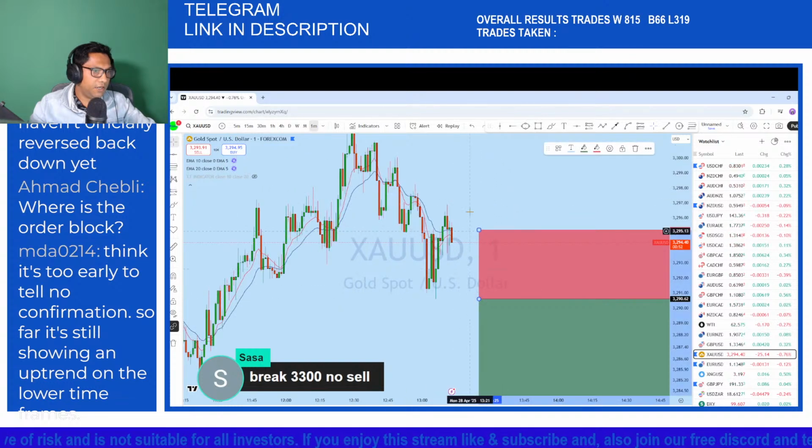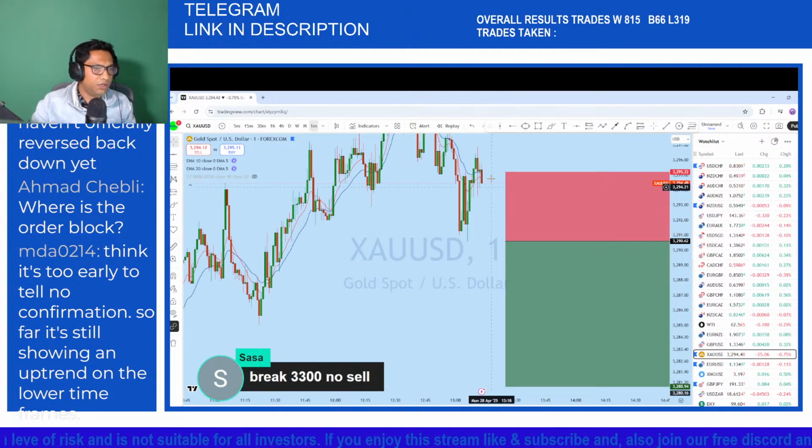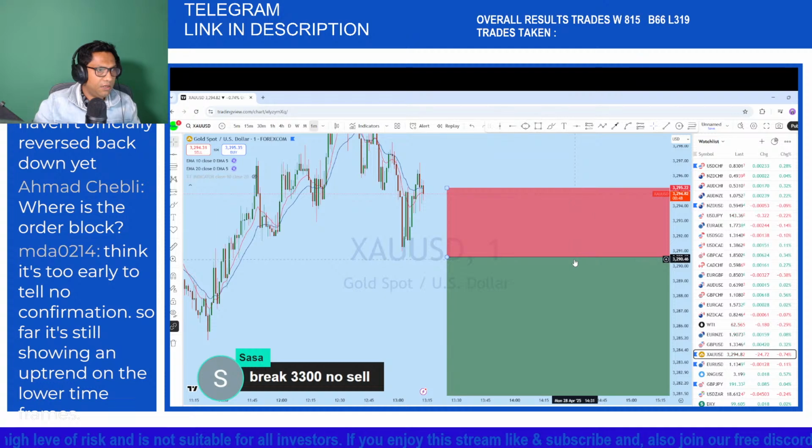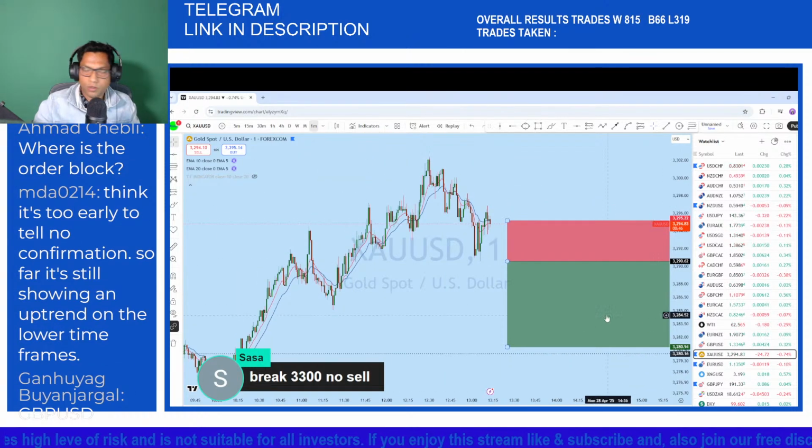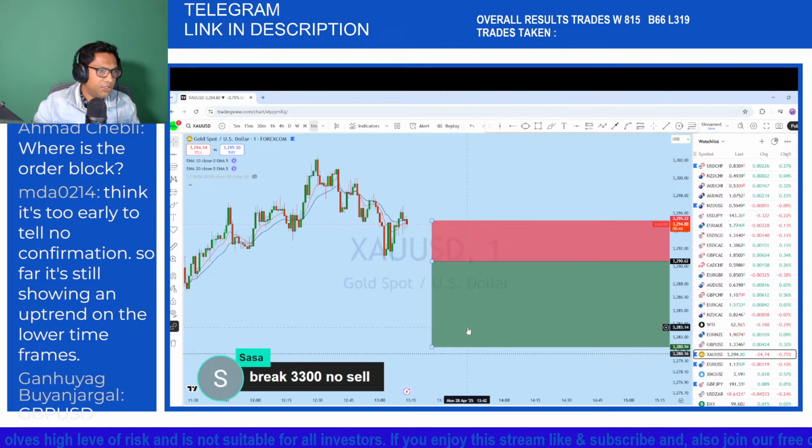The market here is forming a structure that might possibly trend in that direction.